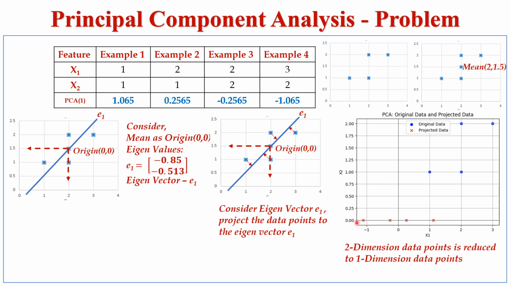So we have converted the two-dimensional data points to one-dimensional data points using principal component analysis. Here we have considered only one principal component. If we require, we can have 3, 4, 5 up to n principal components as per the requirements of the application. So I hope you are clear on principal component analysis with this example problem.